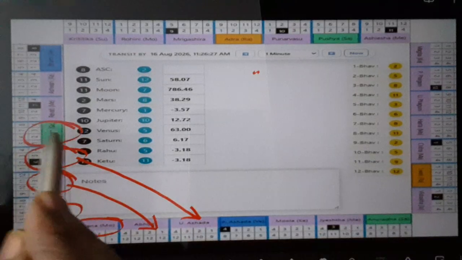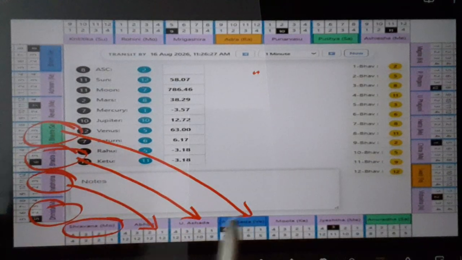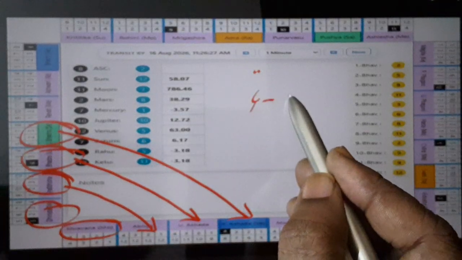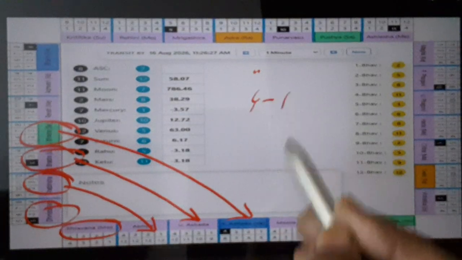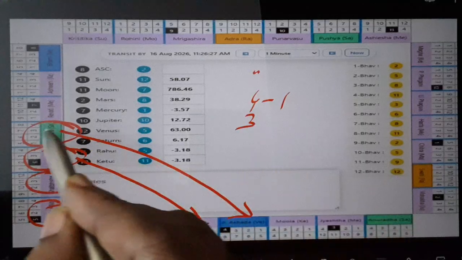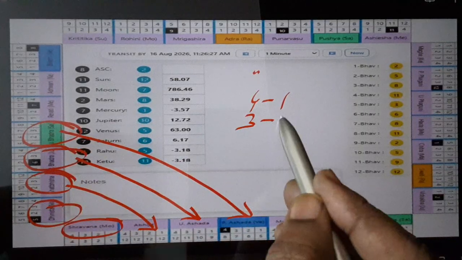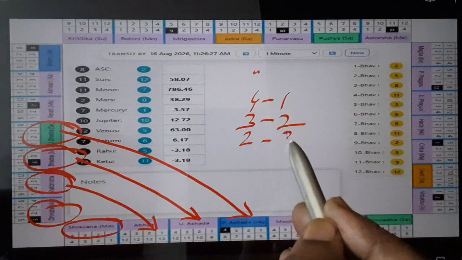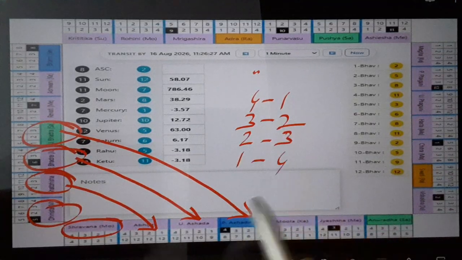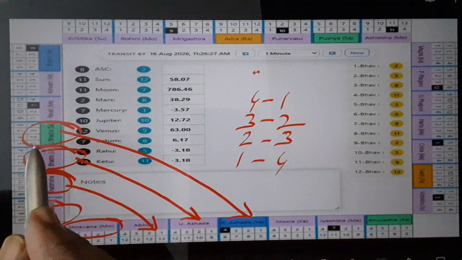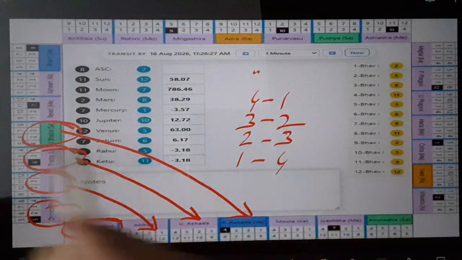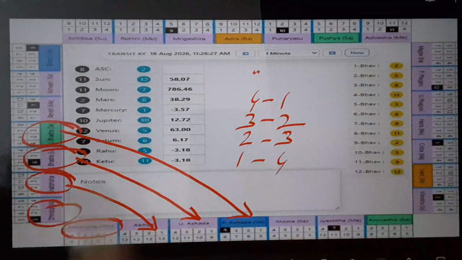If Rahu is here, he will be hitting this nakshatra, and the pattern will be: occupying the fourth pada will be hitting the first pada here, occupying third pada here will be hitting the second pada here, occupying the second will hit the third, and first will hit the fourth pada from here. If it is first, it will come on to the fourth pada. This is the story, and the same applies to this part.